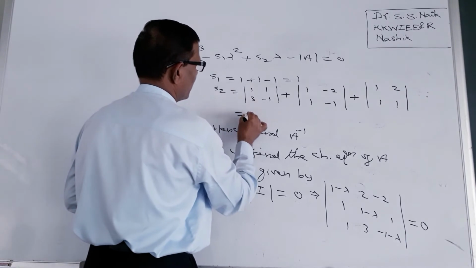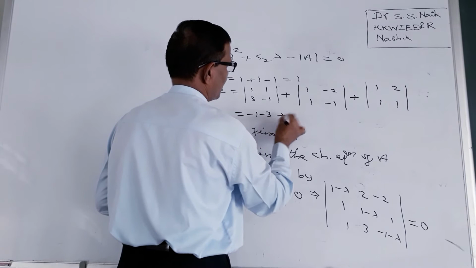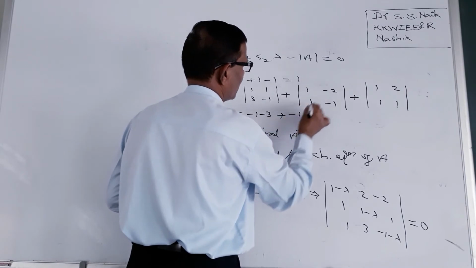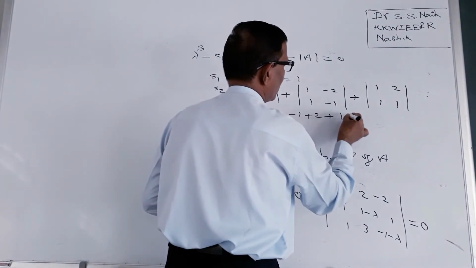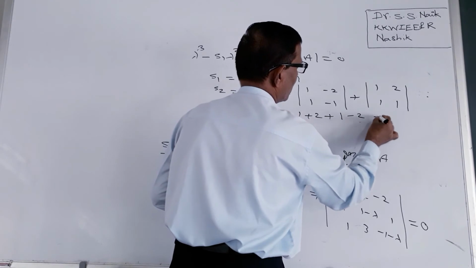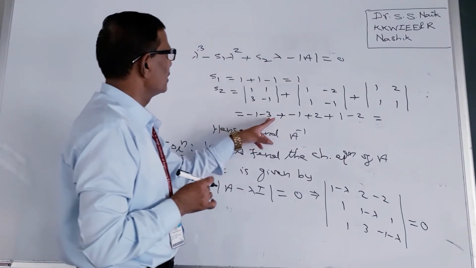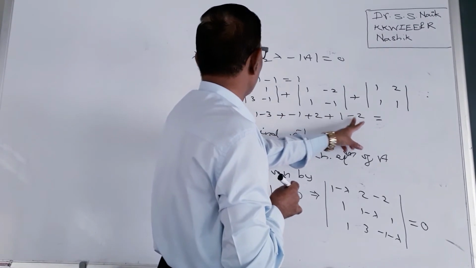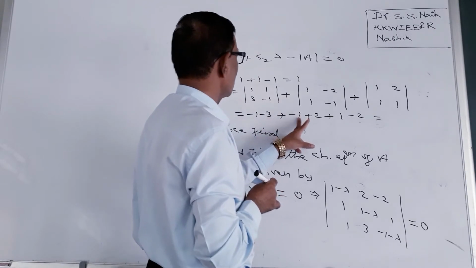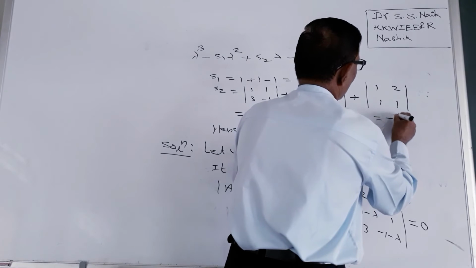Then when you expand, this is minus 1, this is minus 3. Then this is plus, this is minus 1, this is plus 2. And this is plus, this is 1 and this is minus 2. So if you take the sum of all this, it is minus 4, minus 5, minus 7, plus 3, equal to minus 4.